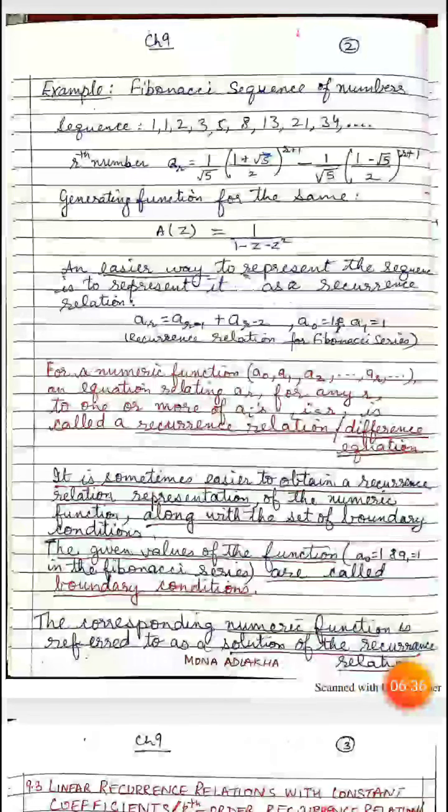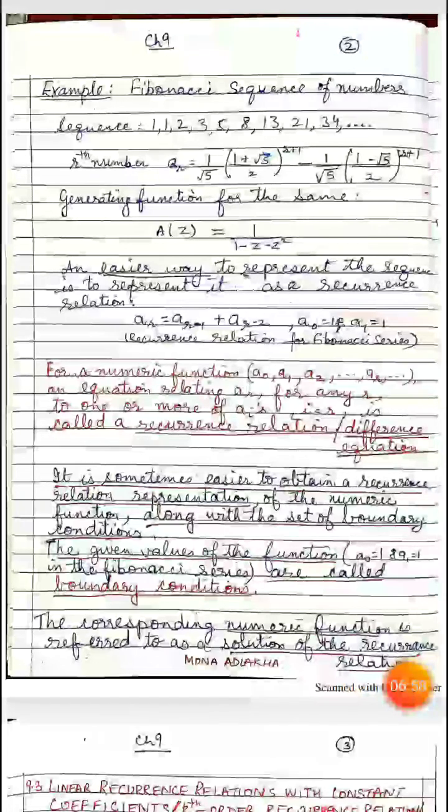If we generalize, we can say that for a numeric function a0, a1, a2, and so on, a_r, an equation relating a_r for any r to one or more of the a_i's, where i is less than r, is called a recurrence relation, or a difference equation.